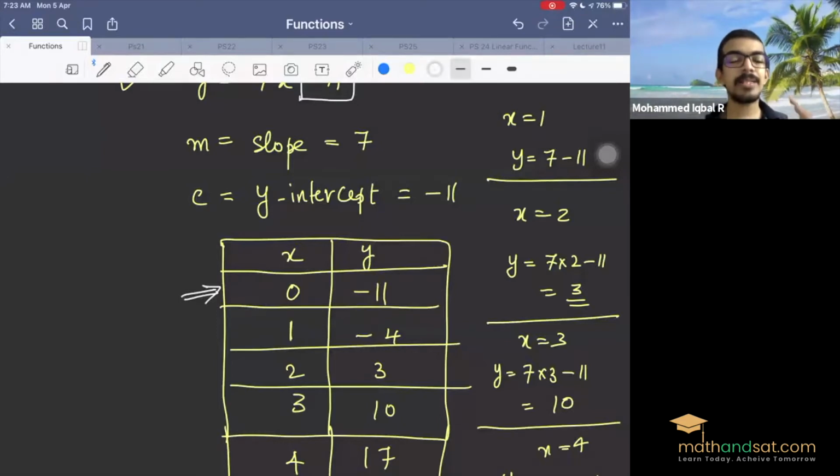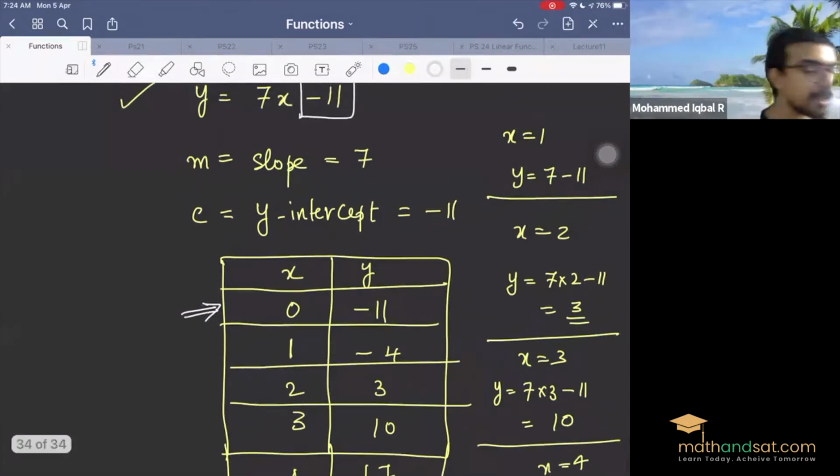Minus 11 is the output value when the input is 0. You can call this the initial output. When the input is 0, the initial output is nothing but your y-intercept. Right?